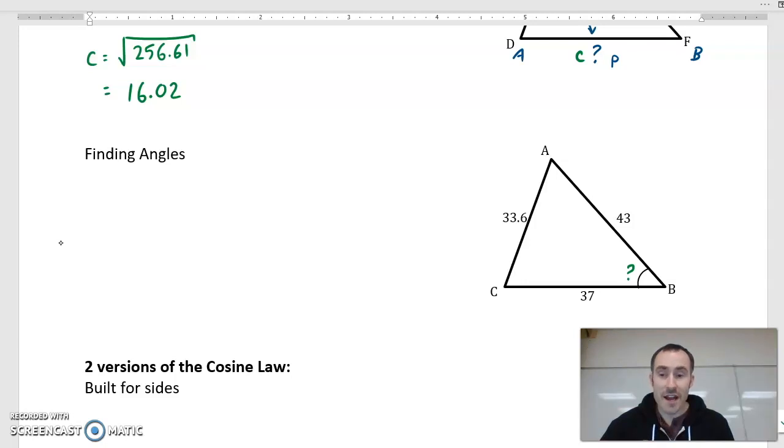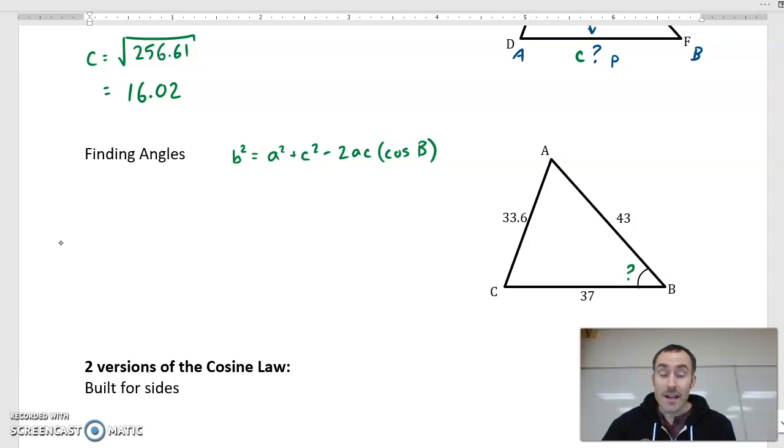And in order to make that happen, we need to start out with side B on the left side of the equation. So B squared equals A squared plus C squared minus 2AC times the cosine of angle B.